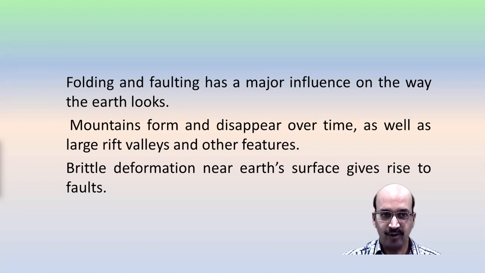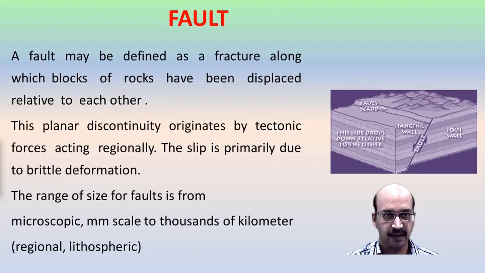The brittle deformation near the Earth's surface gives rise to faults. A fault may be defined as a fracture along which blocks of rocks have been displaced relative to each other. This planar discontinuity originates by tectonic forces acting regionally. The slip is primarily due to the brittle deformation.